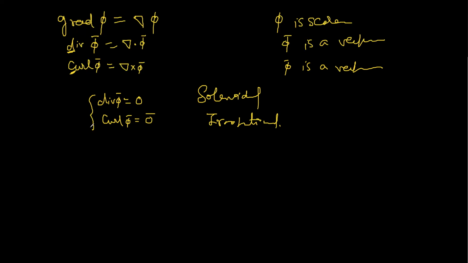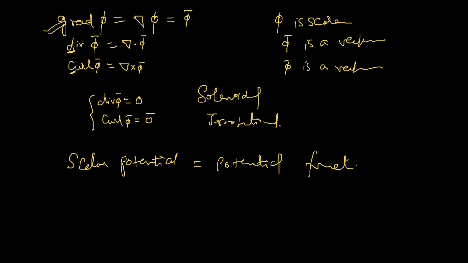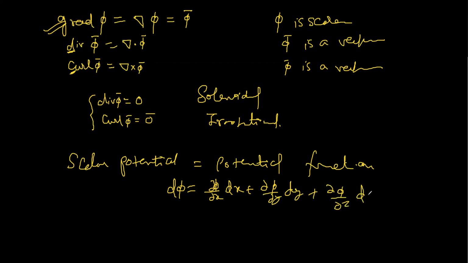Why are you using grad phi? For making it a vector. Understood? And what is scalar potential? Scalar potential is nothing but the potential function, finding a scalar value from the given vector, using this formula. Understood?